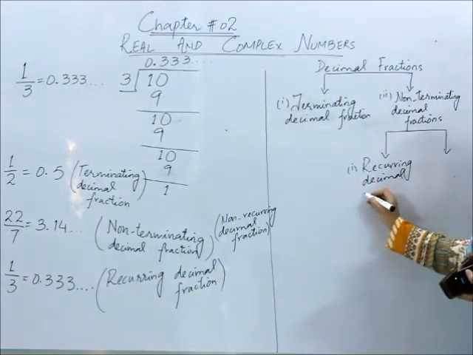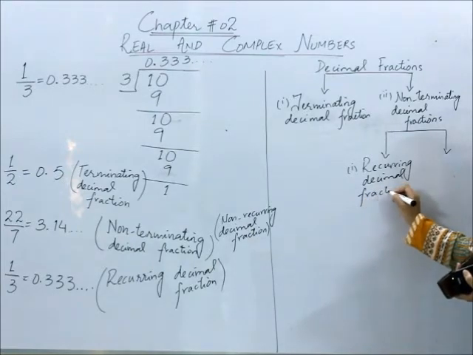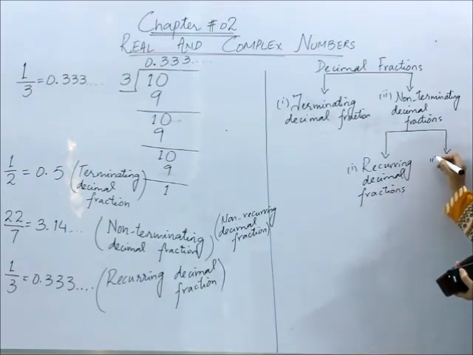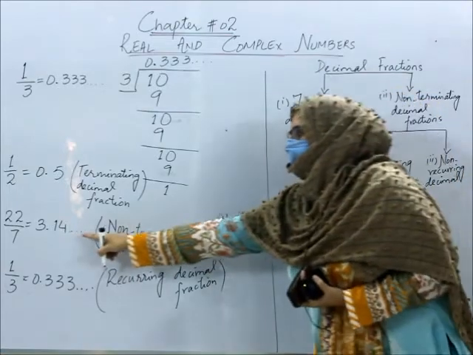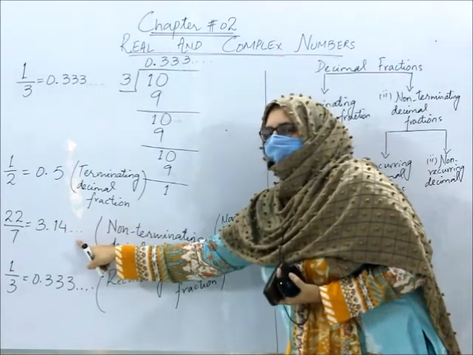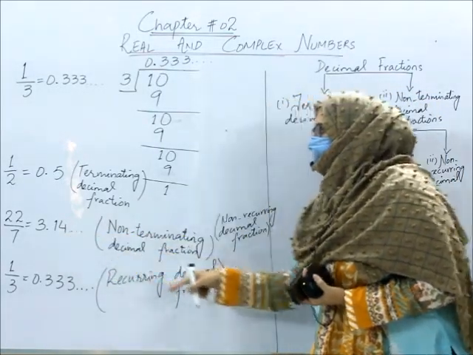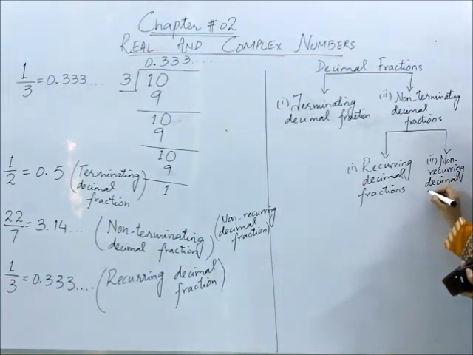Fine? And non-recurring decimal fractions are the fractions in which the digits after the decimal point will not repeat; they would be different.